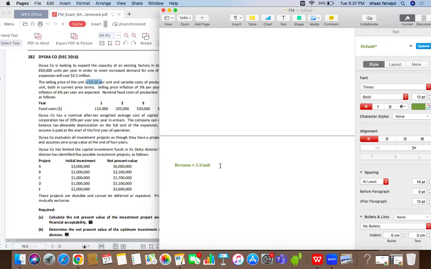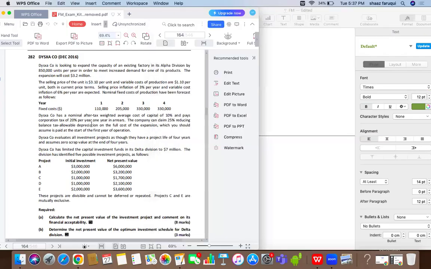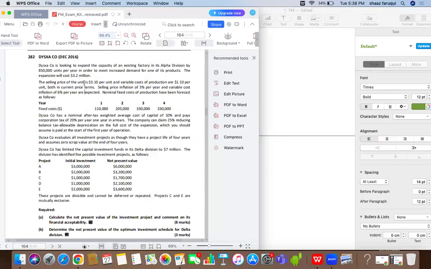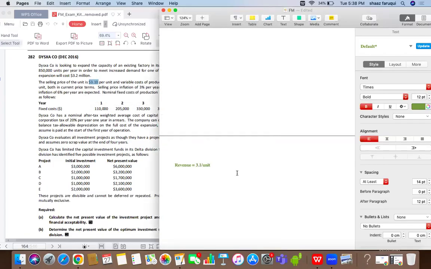Right? Now, the question says what? Selling price inflation of 3% per year is there. So again, if the selling price is 3.1 now, in the first year, the selling price will be inflated by 3%, which is 0.03 of 3.1.